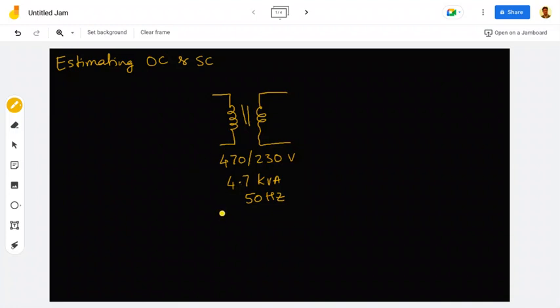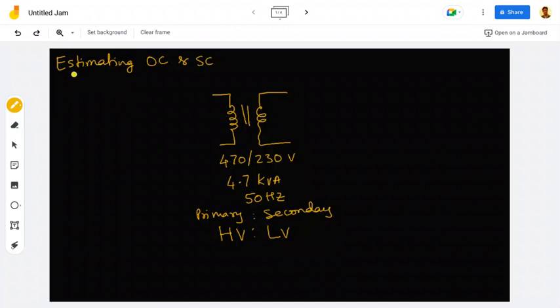Now obviously this is the primary side and this is the secondary side, and it happens to be a step down transformer. That means the primary side is high voltage and the secondary side is low voltage, because the voltage is stepping down from 470 to 230.